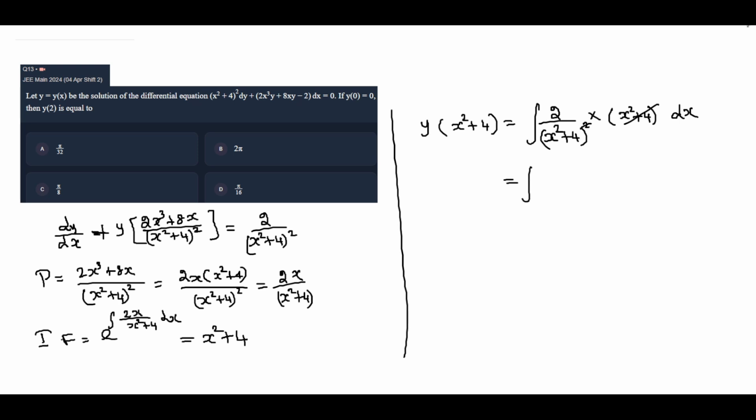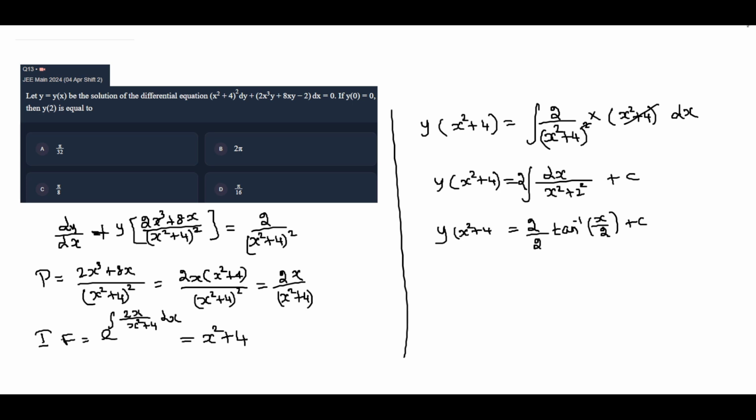Now take 2 as common, 2 dx by x square plus 2 square plus c. So y into x square plus 4, which is equal to, the formula for x square plus a square is 1 by a tan inverse of x by a. So 2 by a will be 2 by 2, tan inverse of x by 2 plus c.